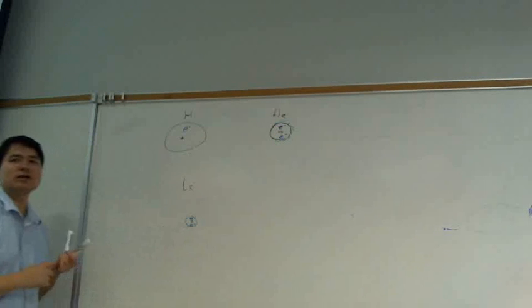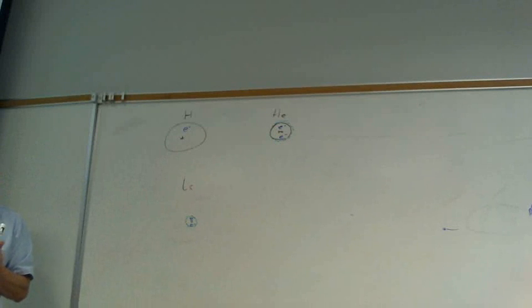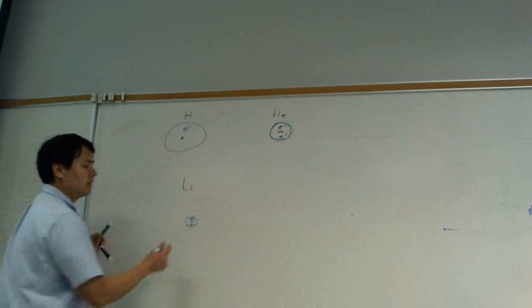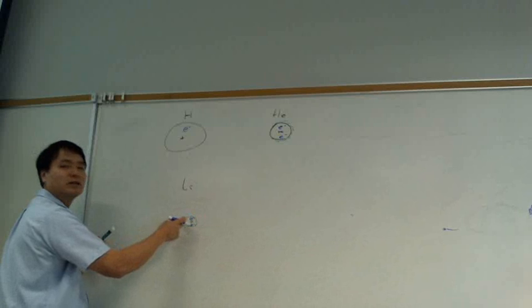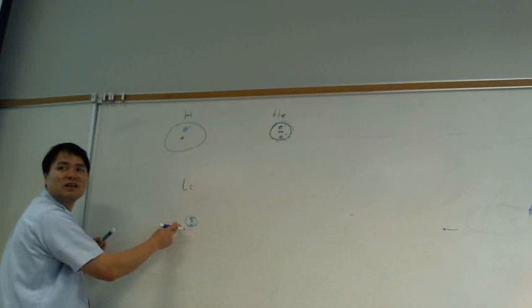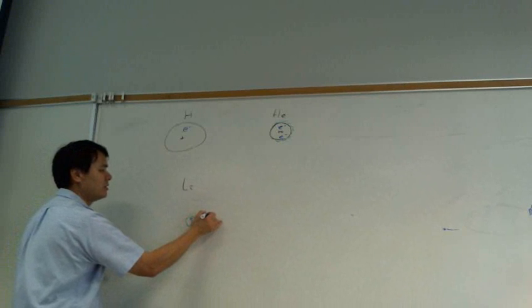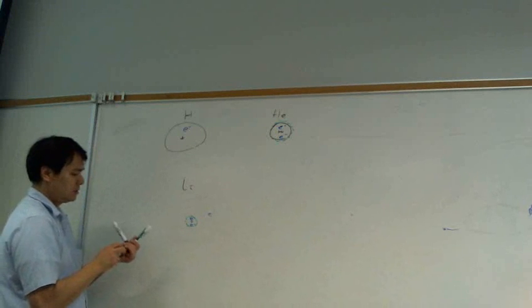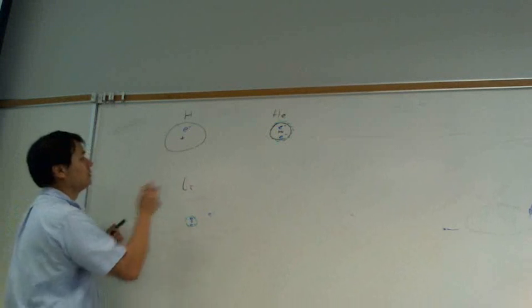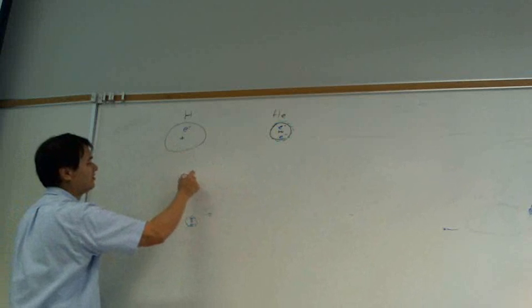Okay, but the third electron is not in the 1s orbital. The third electron is in the 2s orbital. But the 2s does not get pulled in very tightly. And so the size is actually bigger than both hydrogen and helium.